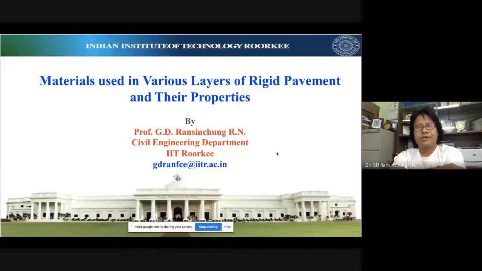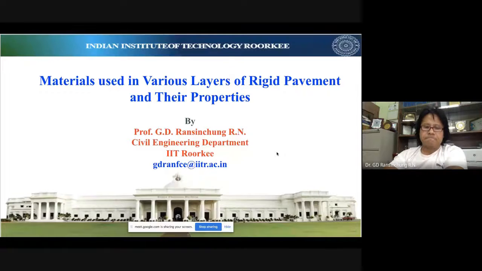So I would first of all like to clarify that if I mention PQC, I am talking about the rigid pavement, I'm talking about the cement concrete pavements, and I'm talking about the PQC. They are the same, like a person having three different names. That clarification I would like to make first of all.